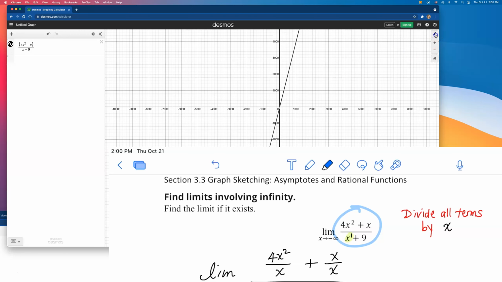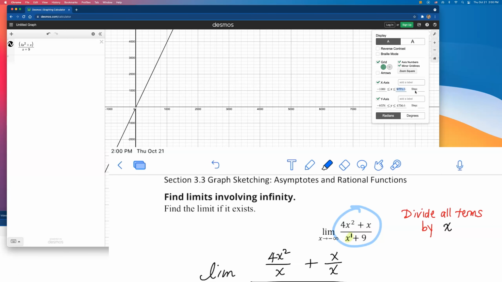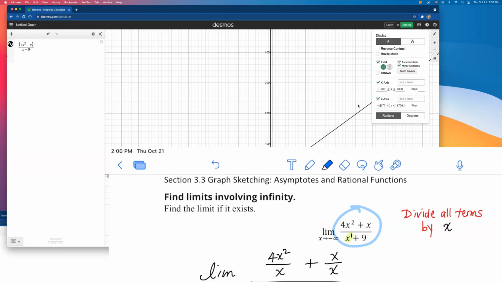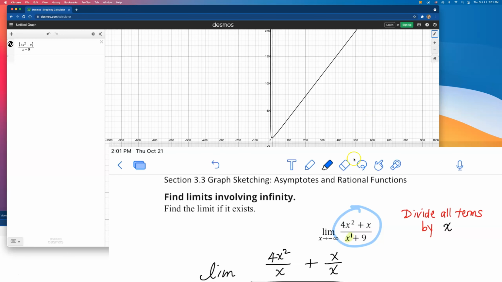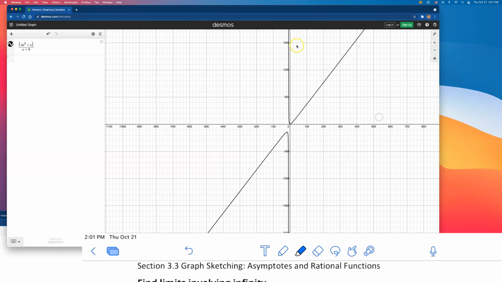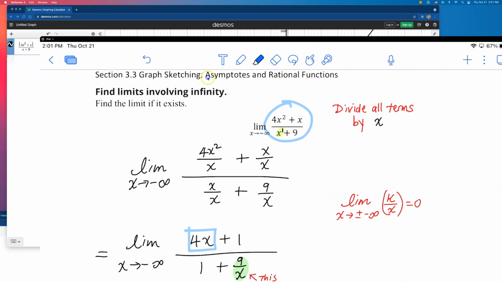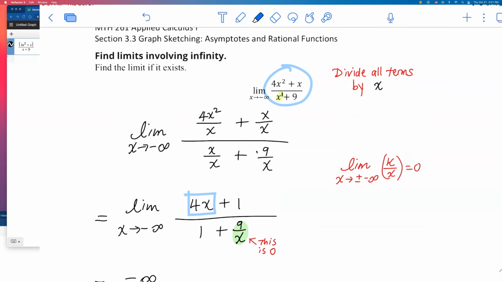What if I adjust the x-axis to negative 1000 to positive 1000, and then the y values to something like negative 2000 and positive 2000. It's not that good, but you see the graph right here. We have this shape of the graph going to the right side, this other half going to the left, and as you go to the left end, the graph is pointing down. So the graph matches what we found algebraically. So the answer is negative infinity.